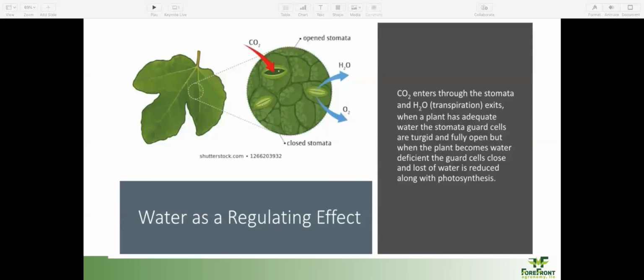As it gets to the leaf, here's a nice picture of what a stomate looks like. There are guard cells around that cell, and they open and close as needed. If that plant's sensing stress, it's going to close that up. It's going to roll those leaves and really reduce the amount of solar radiation.